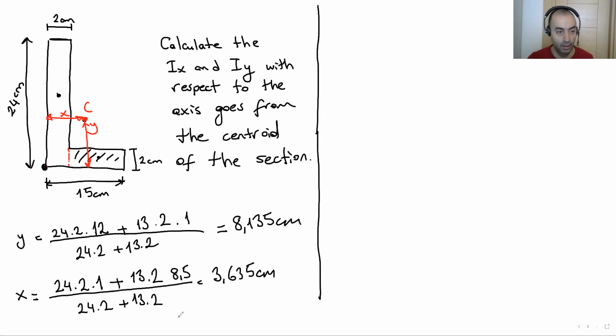Okay, we have now these distances. Now, my axis system is now here, according to the question. Question says put the axis system to the centroid point and then calculate the moment of inertia. Now we are gonna do first Ix. Okay, Ix.